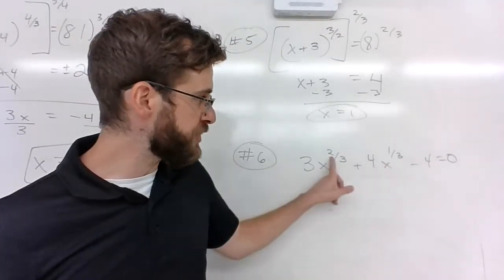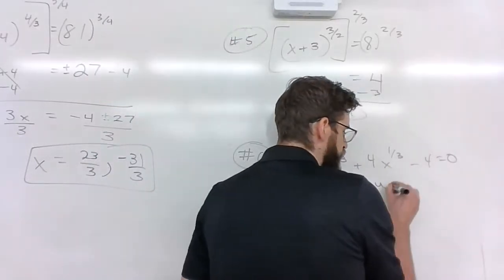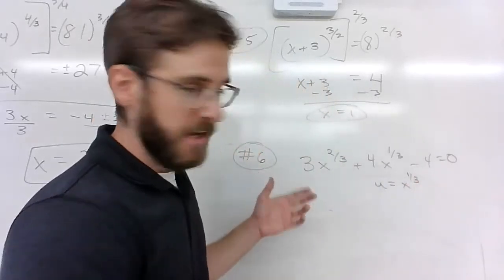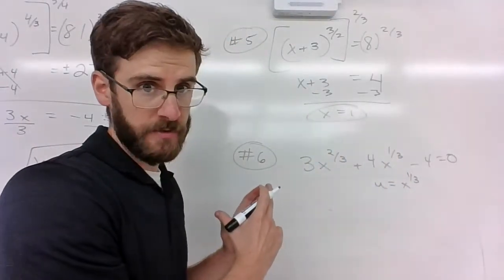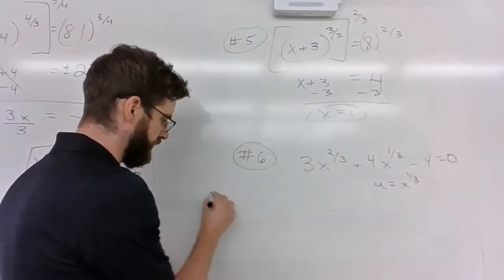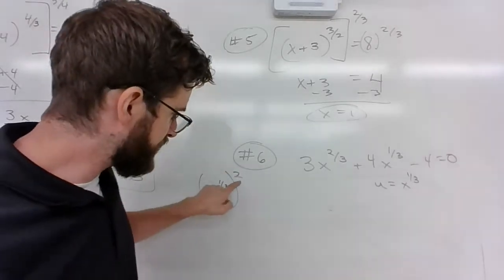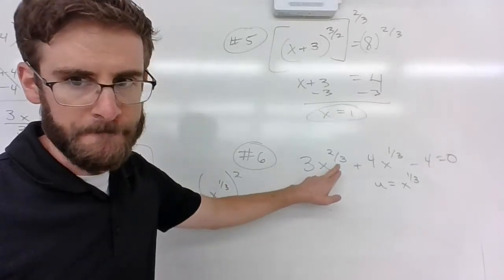Double 1/3 is 2/3. So what you can do is you can say, let u equal x to the 1/3. And technically, x to the 1/3 squared is x to the 2/3. All right? Because x to the 1/3 squared, this power to that power just means multiply the two together to get what you see there.